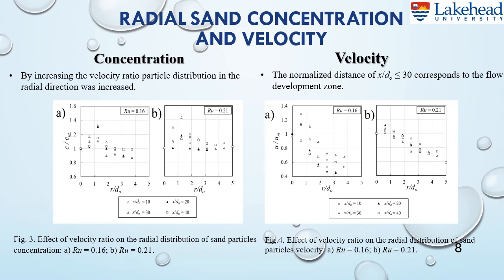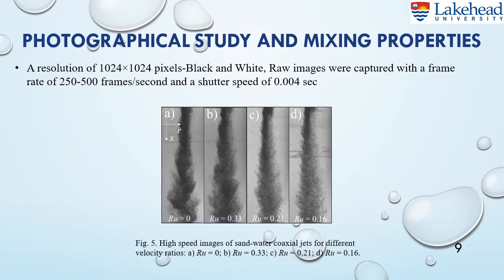Let's move on to the photographic study and mixing properties. The high-speed images of sand-water coaxial jet with various velocity ratios are shown in figure 5. As shown, for smaller velocity ratios, more uniform flow and particle dispersion can be observed.